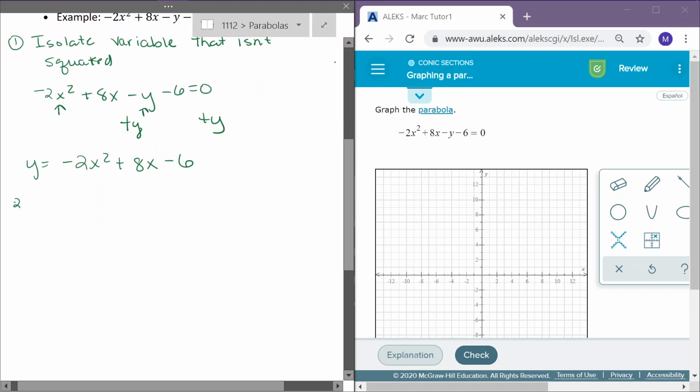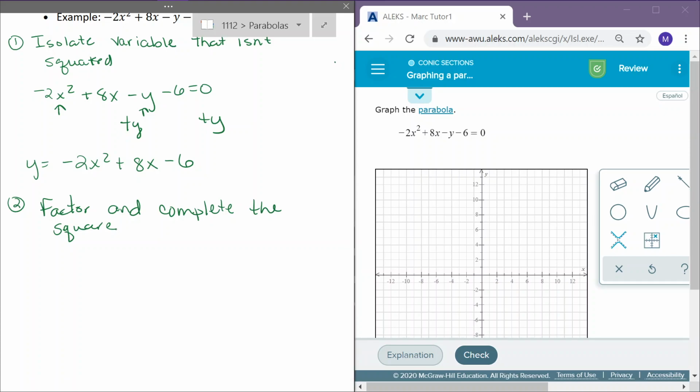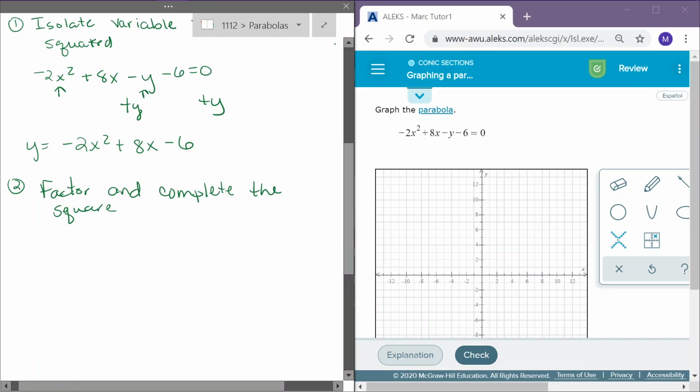Next, I want to factor and complete the square. As we saw in our forms above, a was outside of our squared term, and our variable inside the squared term had a coefficient of 1.